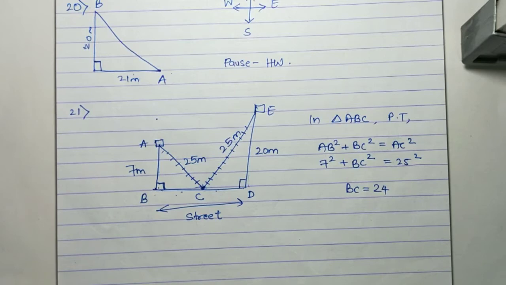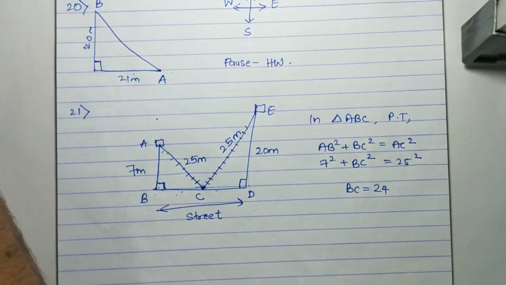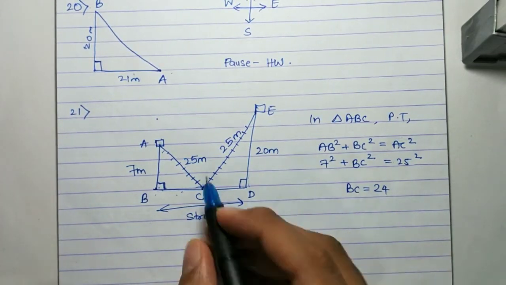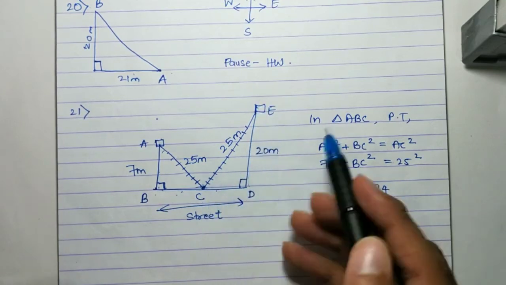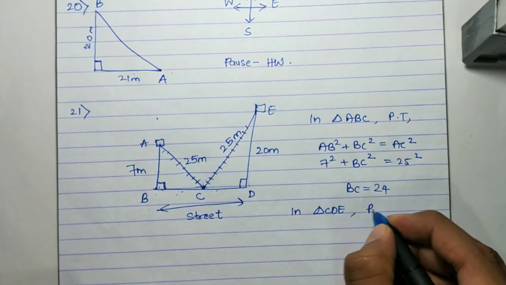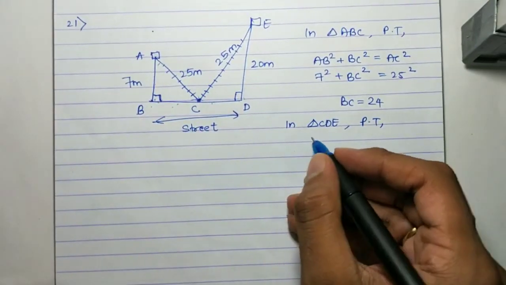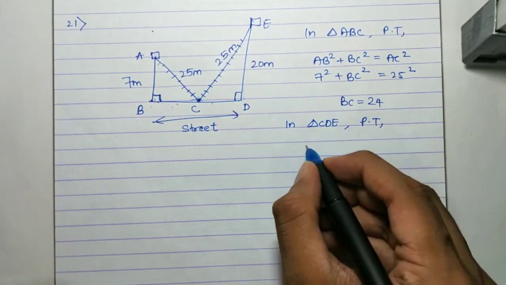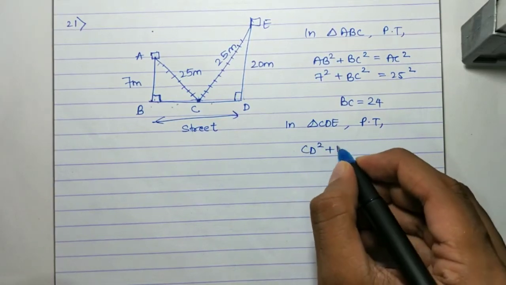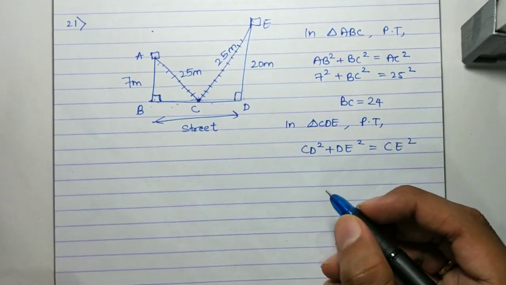Then take the other triangle, this triangle CDE. Again using Pythagoras theorem, CD square plus DE square equals CE square.